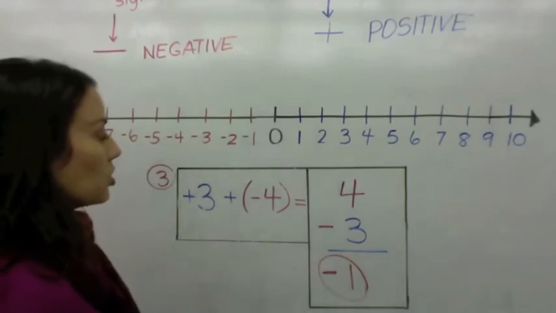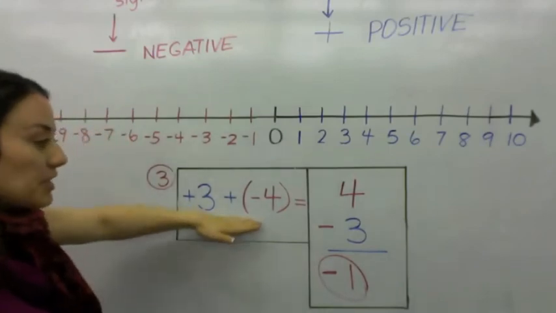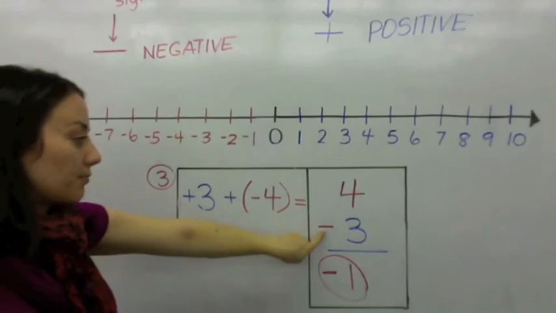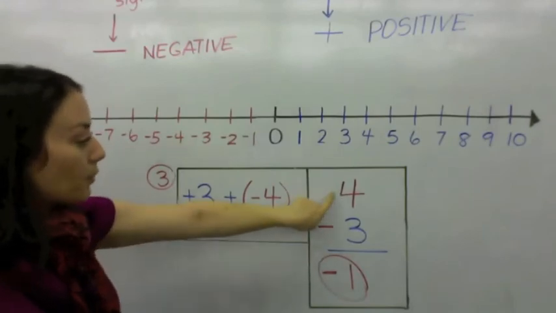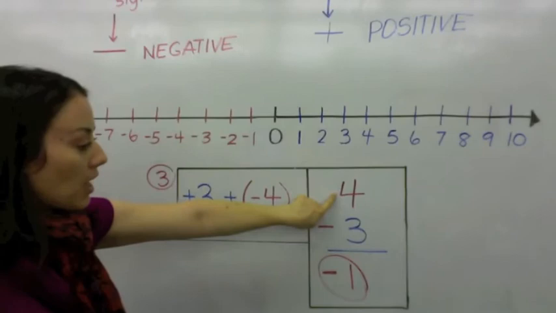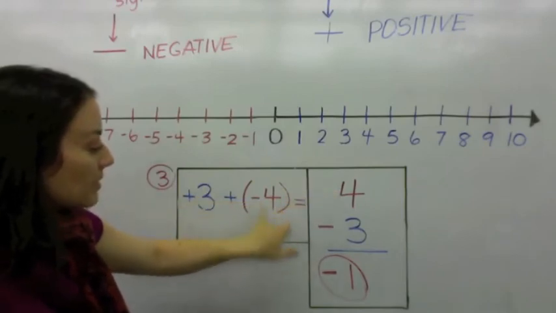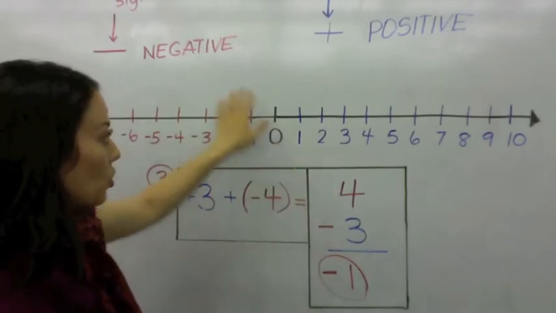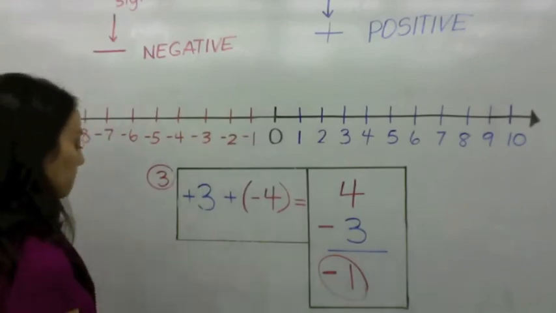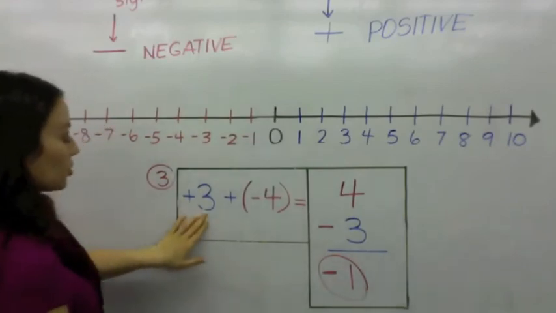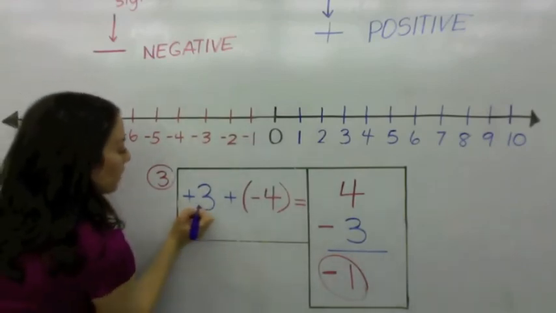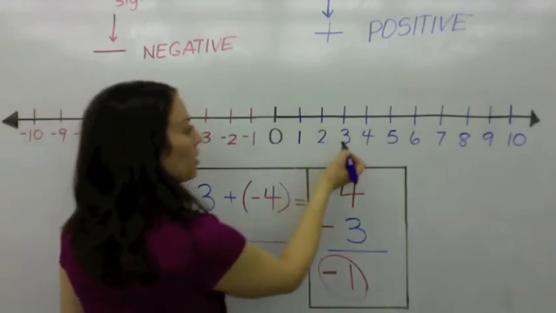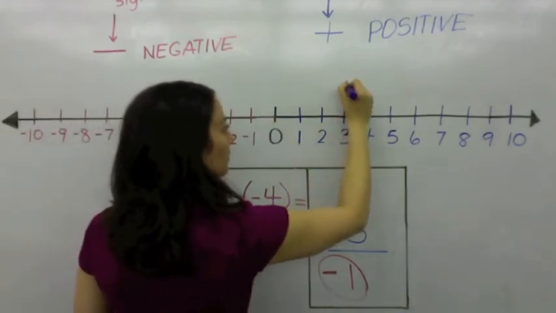So again, if you have different signs, you subtract. Put the higher number on top when you do the subtraction, and keep that sign. So I'm going to show you what this means on the number line. If you start at positive 3, you're right here on the right.